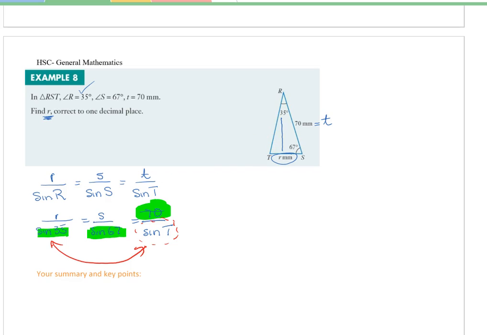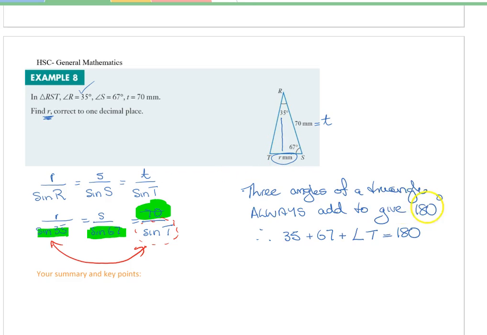What do we know about the 3 angles of a triangle? I think some of you indicated to me back in last term that you weren't sure about this, but there is a rule that says the 3 angles of a triangle will always add to give 180 degrees. We've got 2 of them. The third angle, in this case, is called T, which, keep in mind, that's actually what we want to complete our 3 out of 4.